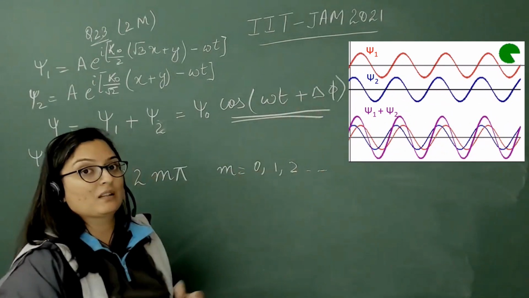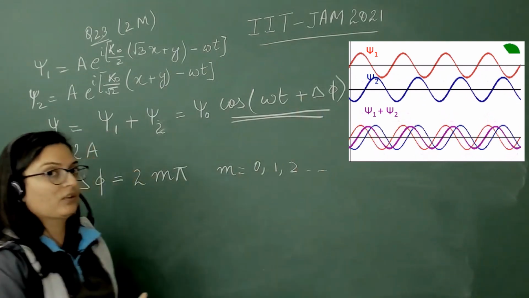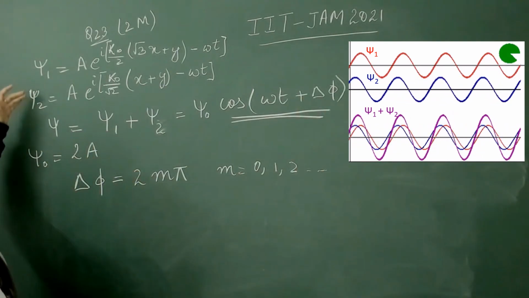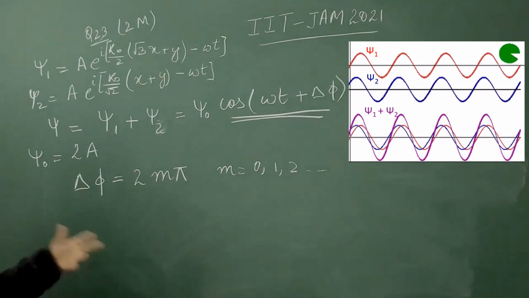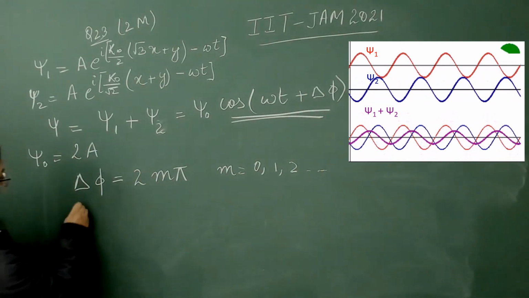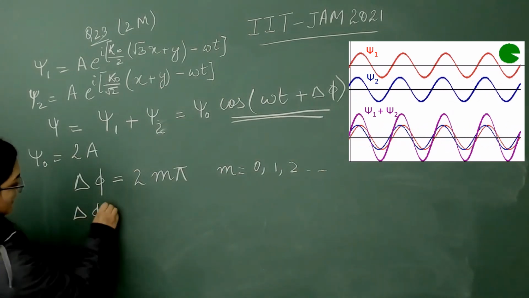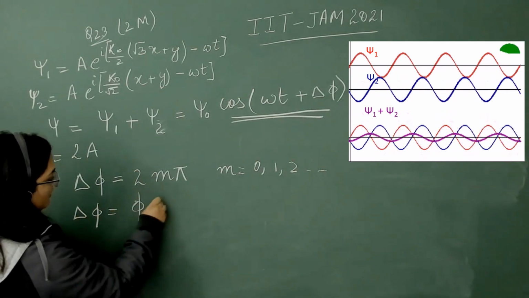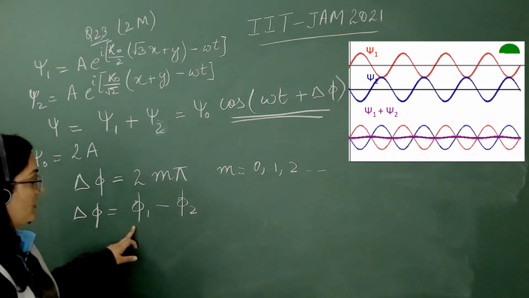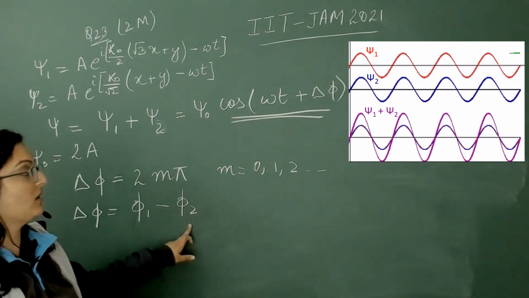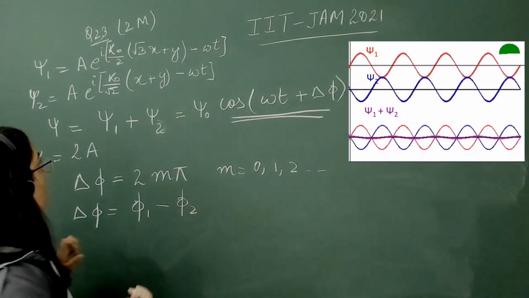But here, what is delta phi? Delta phi is nothing but the net phase difference between both the waves, psi 1 and psi 2, which is phi 1 minus phi 2, where phi 1 is the phase of the first wave and phi 2 is the phase of the second wave.